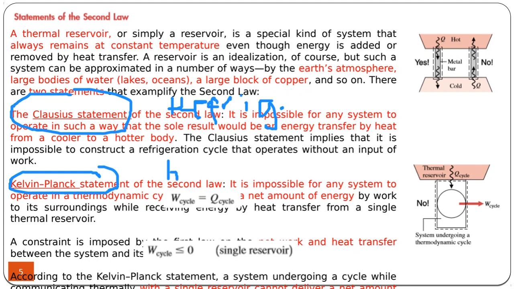In a heat engine, only part of the energy can be converted to work. It's the Kelvin-Planck statement. In the Clausius statement, it says that it's not possible to transfer heat from a colder body to hotter body without addition of external energy, which is the power of the compressor in a refrigeration system.